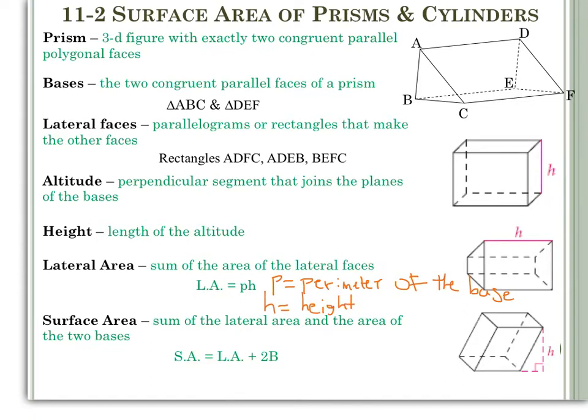Surface area is the sum of the lateral area and the area of the two bases. We can use this formula that surface area equals lateral area plus 2 capital B, where capital B is the area of the base.